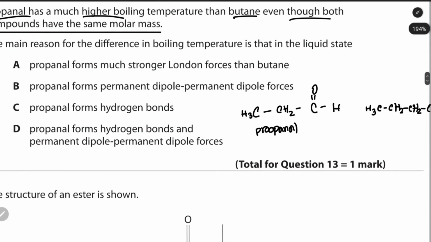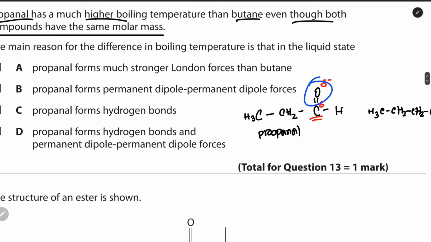In propanol there is an electronegative oxygen over here, so this will cause a permanent dipole moment. You might be tempted to talk about hydrogen bonding, since there is a hydrogen here and an oxygen here, but this hydrogen over here is next to a carbon.